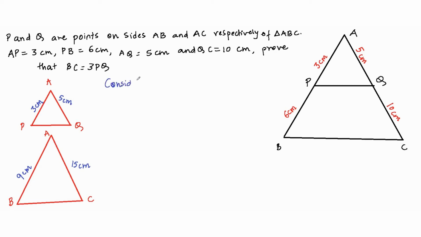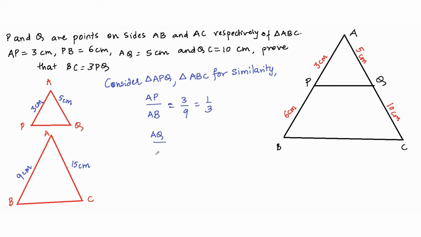But what I definitely see here is, if I take the ratio of the sides, so let's consider triangle APQ and triangle ABC for similarity. I can say that AP divided by AB is 3 upon 9, that's 1 by 3. And similarly, the ratio of AQ and AC is 5 by 15, which is also 1 by 3.